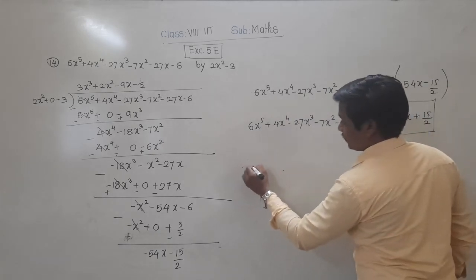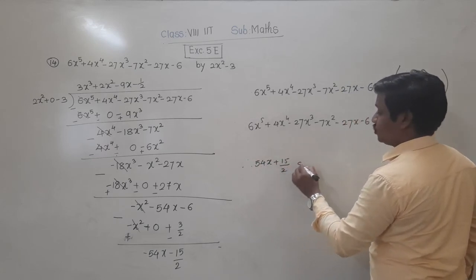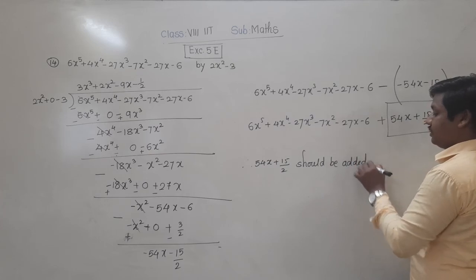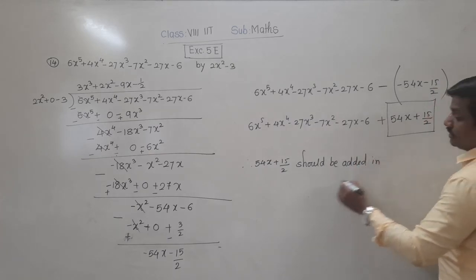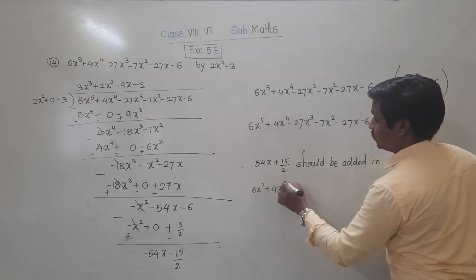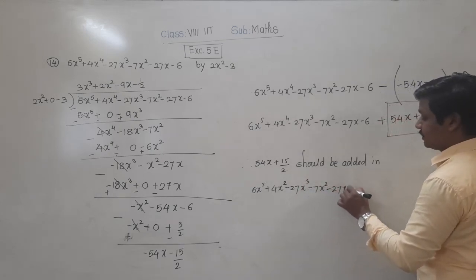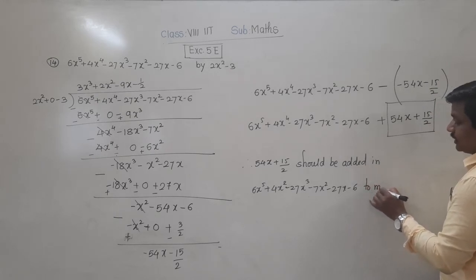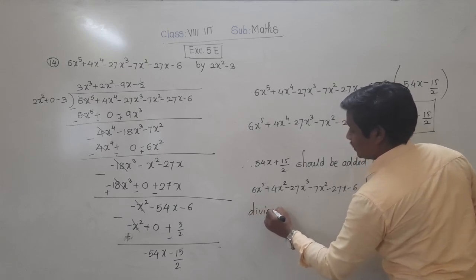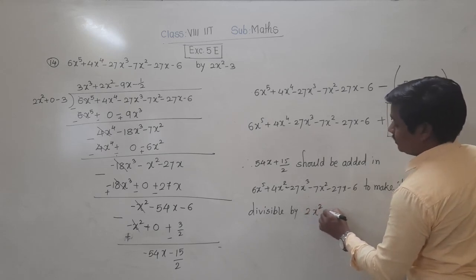Okay, so 54x plus 15 by 2 should be added in 6x raised to 5 plus 4x raised to 4 minus 27x cube minus 7x square minus 27x minus 6 to make it divisible by 2x square minus 3.